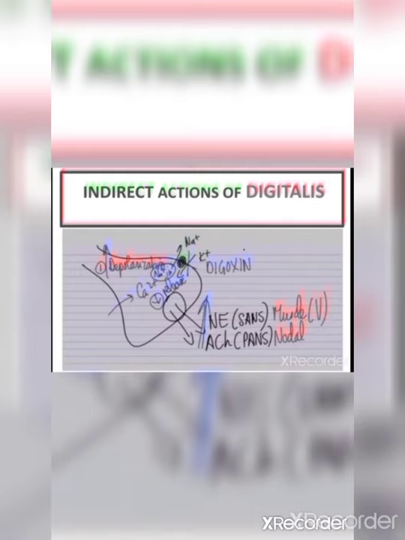Hence, by exerting its parasympathetic autonomic nervous system effect through vagal nerves, Digitalis also improves ventricular filling by slowing the AV conduction, and also improves ventricular contraction by stimulating the sympathetic autonomic nervous system.